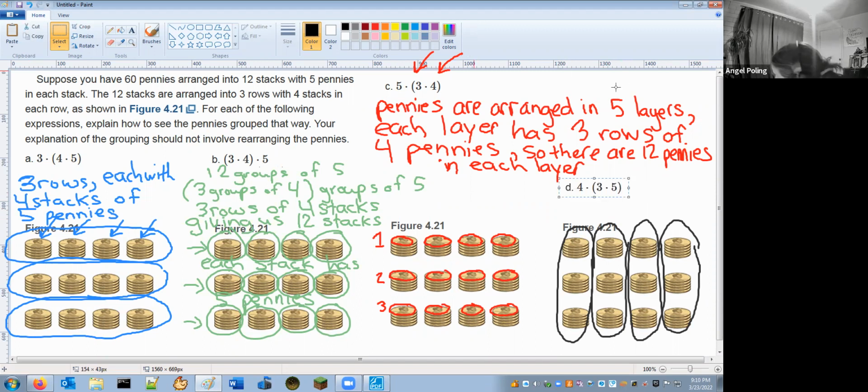Okay, so for D, I have 4 columns, each with 3 stacks with 5 pennies per stack.